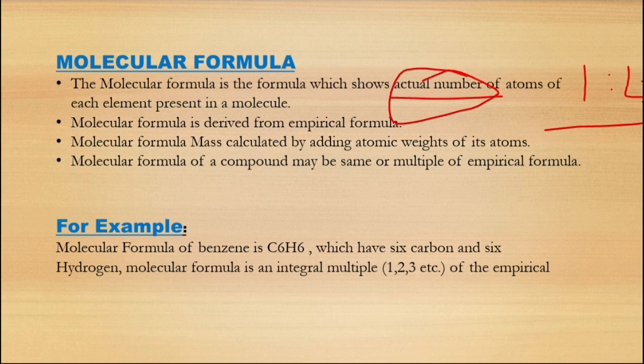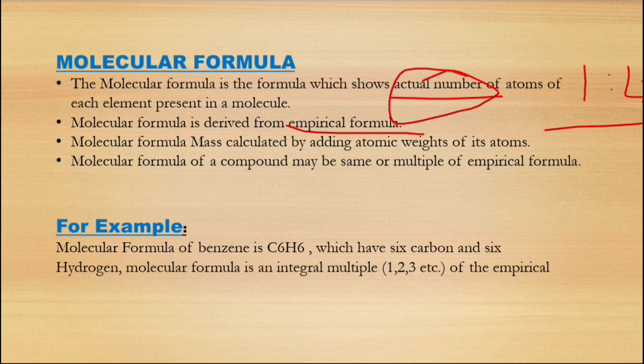The molecular formula is derived from the empirical formula. Also, the molecular formula mass is calculated by adding the atomic weights of its atoms. The molecular formula of a compound may be the same as, or a multiple of, the empirical formula.